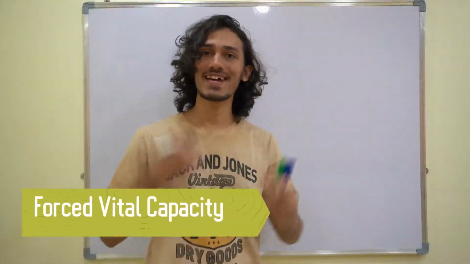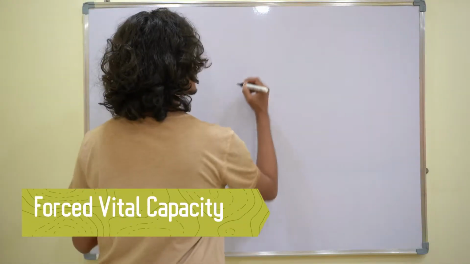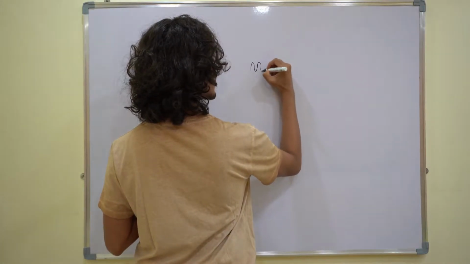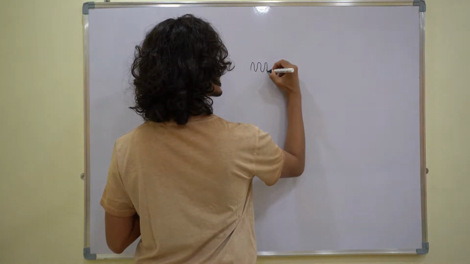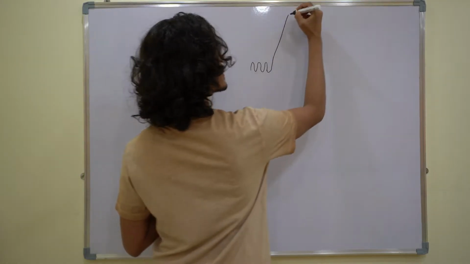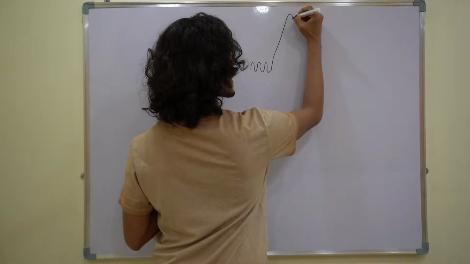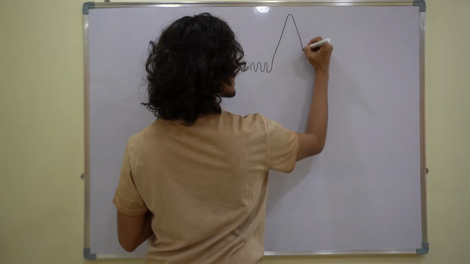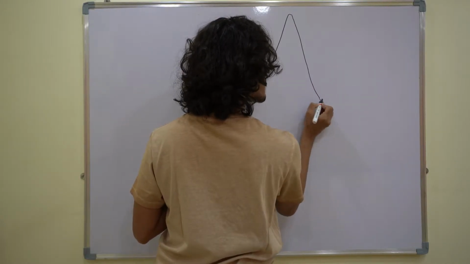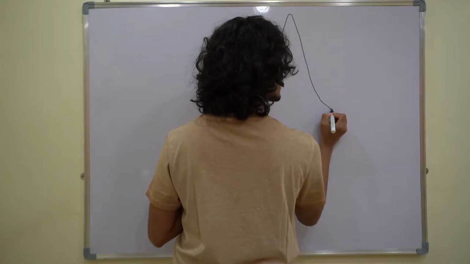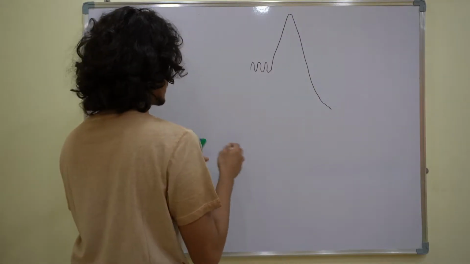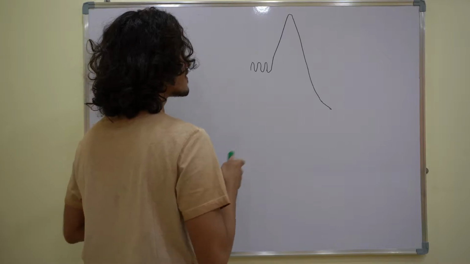Now let's take a look at that forced vital capacity. So this is us normally inspiring and expiring. And we're going to take maximum inspiration, and from here we are going to expire. This is your vital capacity. So this is the point. The volume that you see over here is your vital capacity.